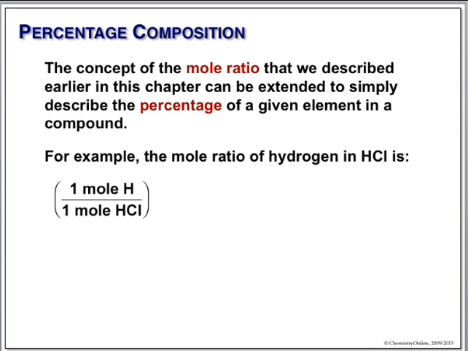If we had 1 molecule of HCl, we would have 1 atom of hydrogen, right? Therefore, 1 mole of HCl and 1 mole of hydrogen. Simple ratio.